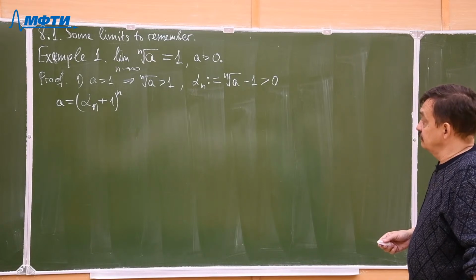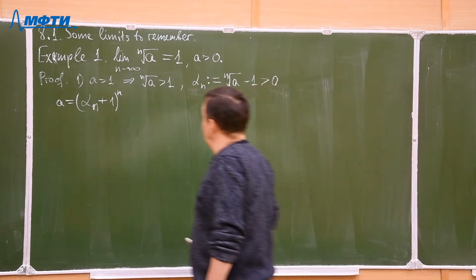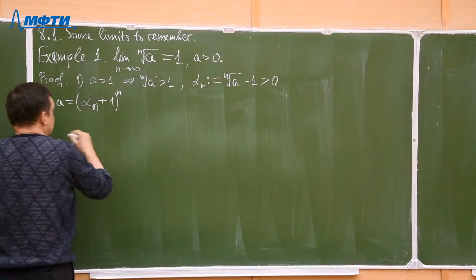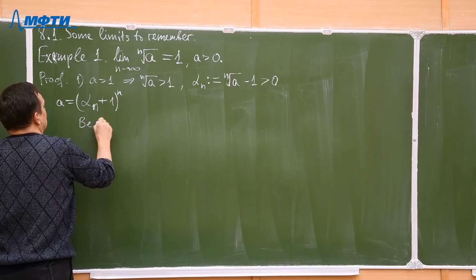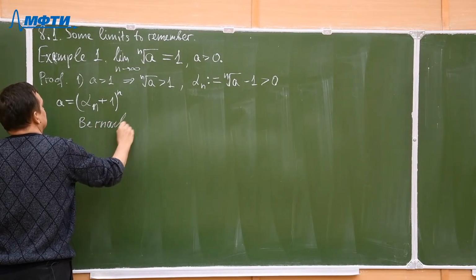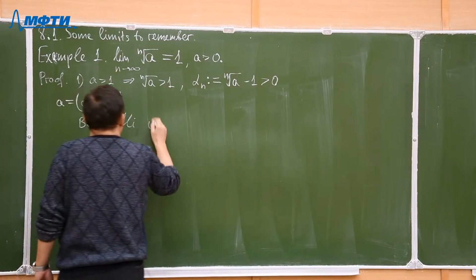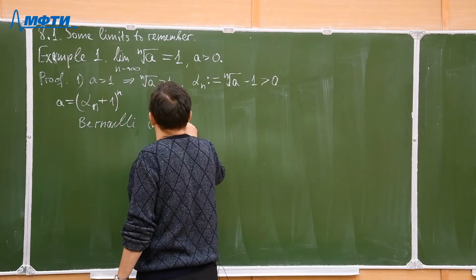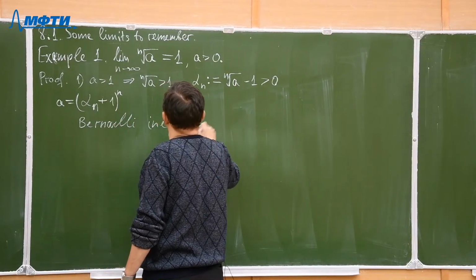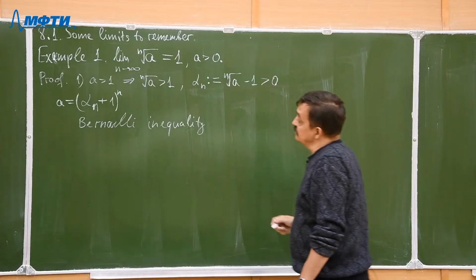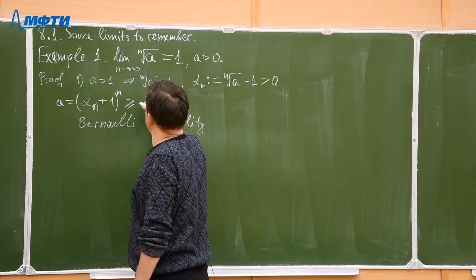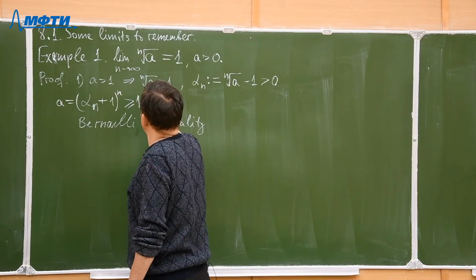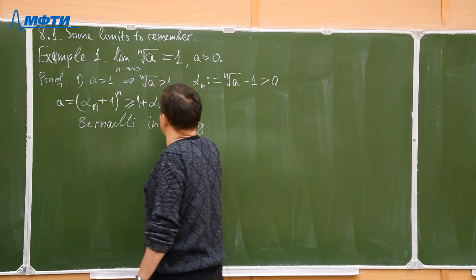Then we may apply Bernoulli Inequality. Bernoulli Inequality says this is greater or equal than 1 plus alpha n times n.